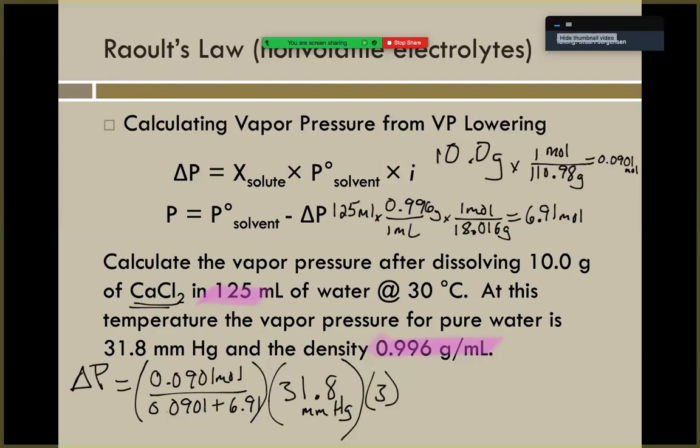When we go ahead and solve all of those pieces, we end up getting a change in pressure of 1.2279. So here's how much pressure is going to change.